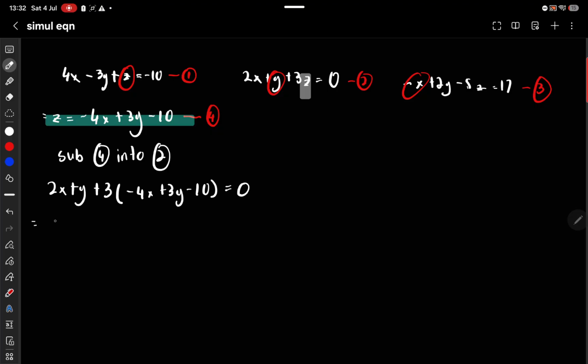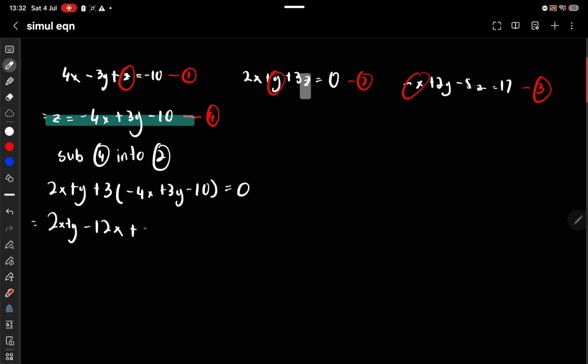So 2x plus y will remain, and then the plus 3 will go inside to become negative 12x, and then plus 3 times plus 3y. If you can't do this fast enough, you can just use a calculator.